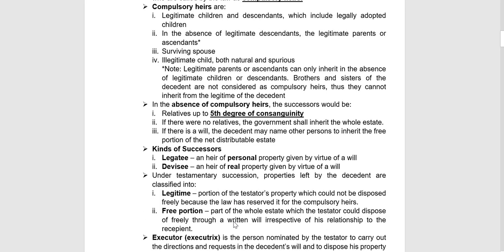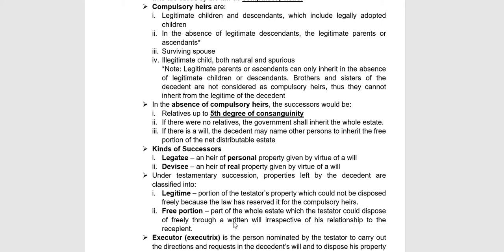So under testamentary succession, properties left by the decedent are classified into, as I said earlier, the legitime and the free portion. So again, the legitime is the portion of the testator's property which could not be disposed of freely, no, because the law has reserved it for the compulsory heirs.